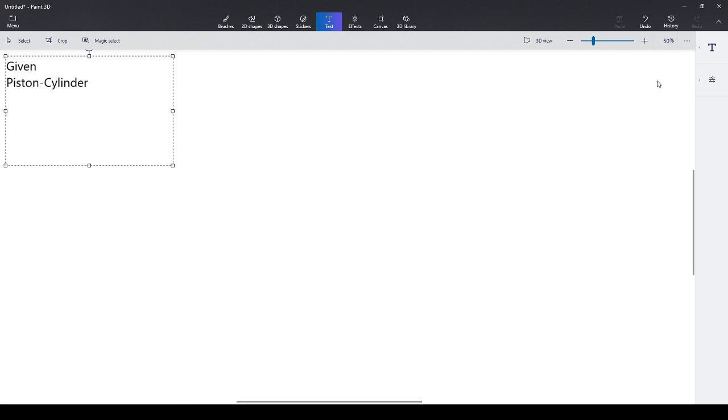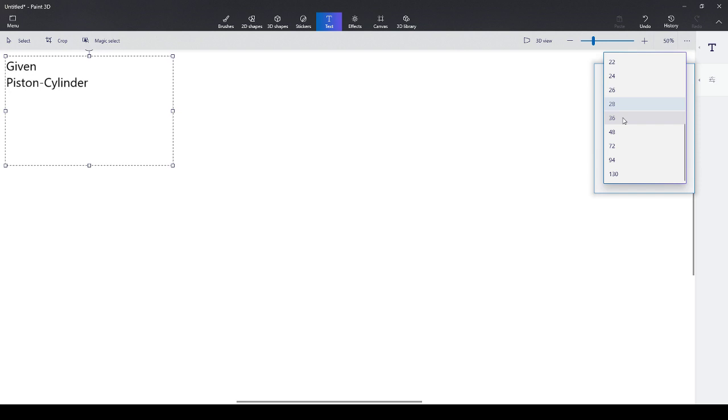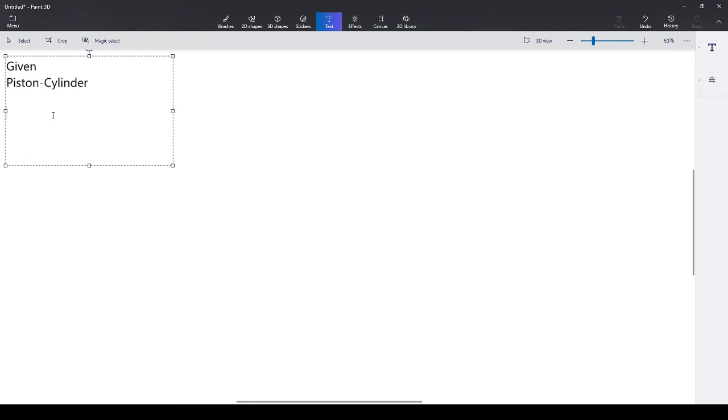And then it says initially contains a volume of 0.04 meters cubed. We were given a large volume, so this is total volume. So we have V1 is equal to 0.04 meters cubed.